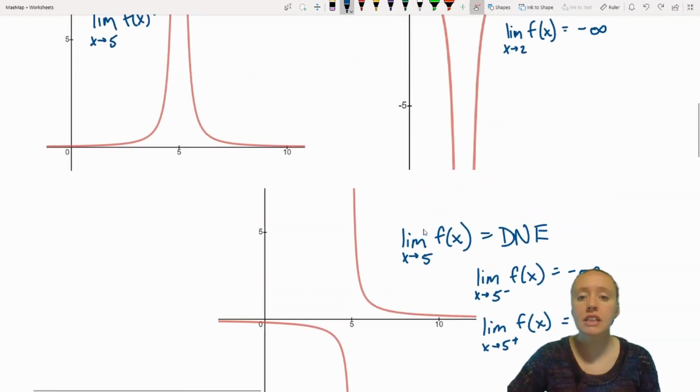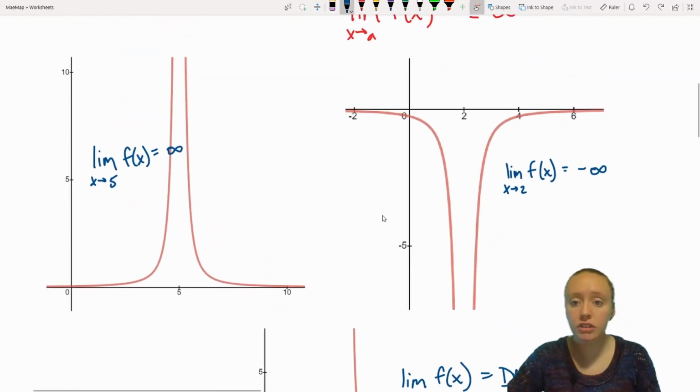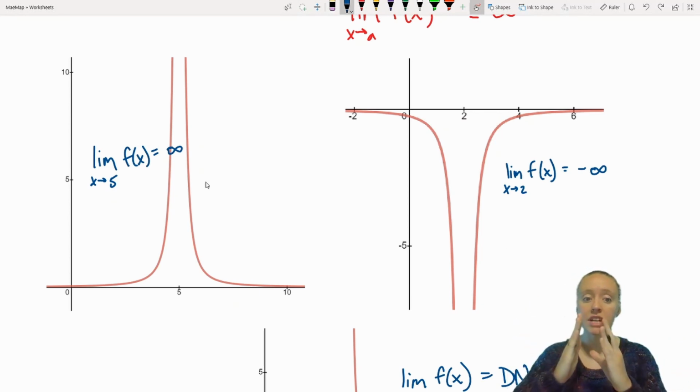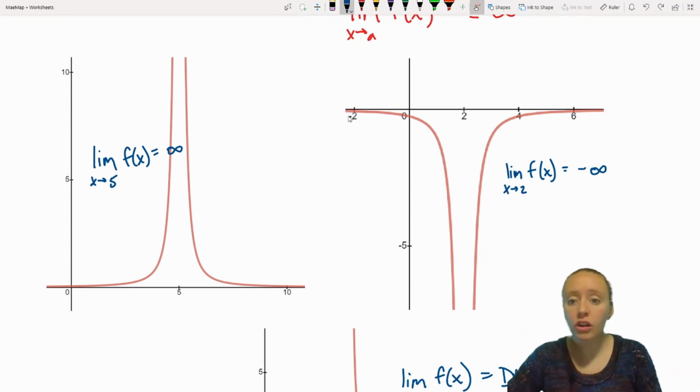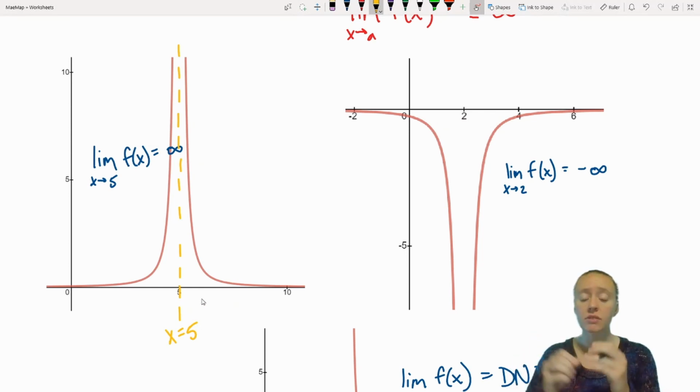So as you can see in our first graph, as x approaches 5, our function approaches positive infinity, but there's also some vertical line that our function is getting closer and closer to, and that's the line x equals 5. In the case of this first graph, that's our vertical asymptote. Our function goes towards infinity, getting closer and closer to that line x equals 5.